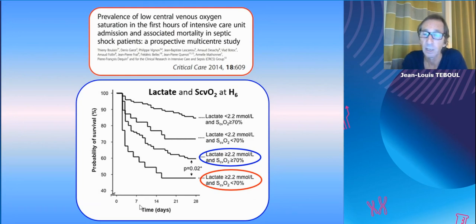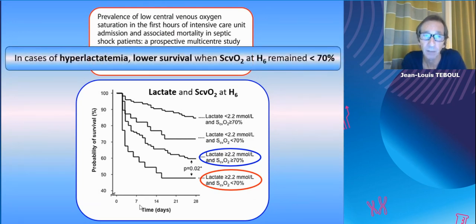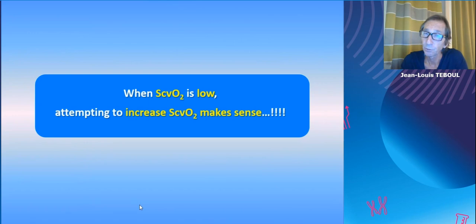As you can observe, in these patients with hyperlactatemia, that is to say more than 2.2, there was a lower survival when ScvO2 at 6 hours remained lower than 70%. So it makes sense to increase ScvO2 when ScvO2 is low.